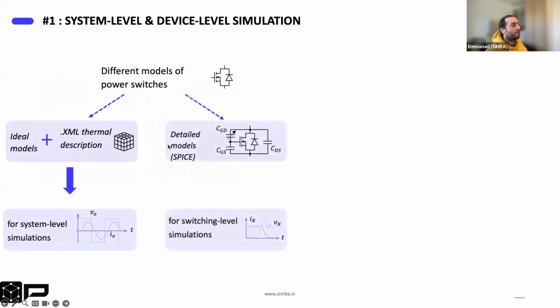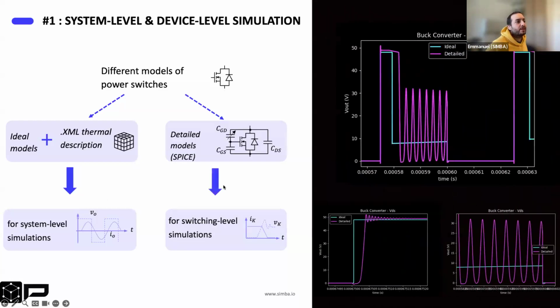But SIMBA also supports detailed models. We can import SPICE models from semiconductor manufacturers, and that can be used for switching level simulation. And a good thing about SIMBA is you can switch between one model and the other without having to switch tools.